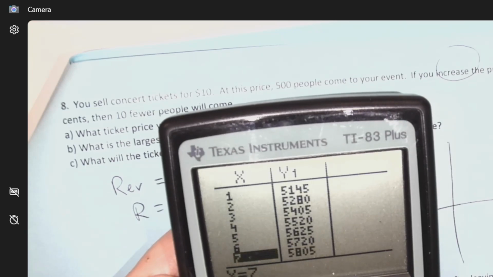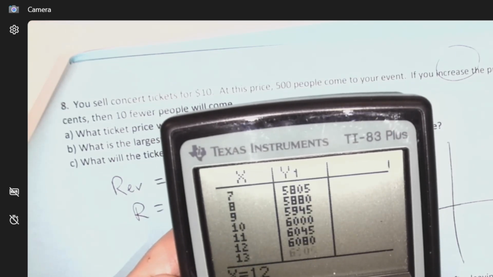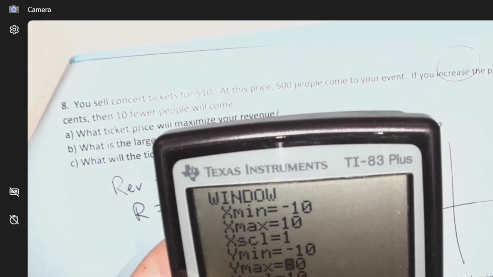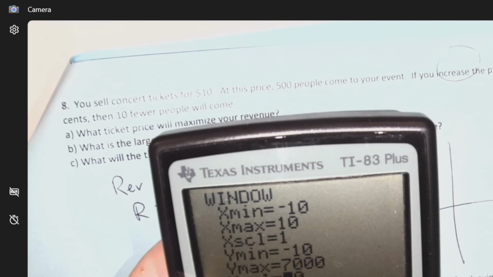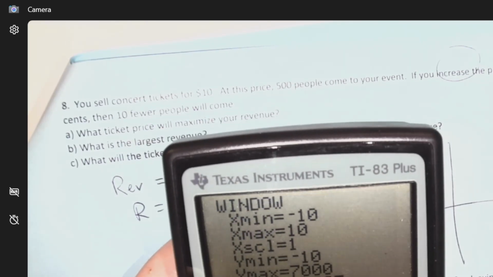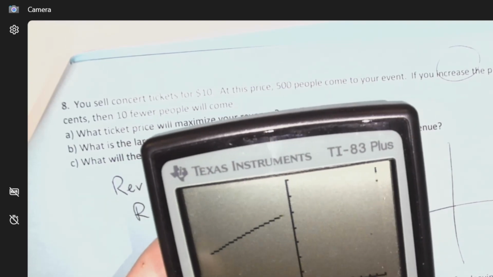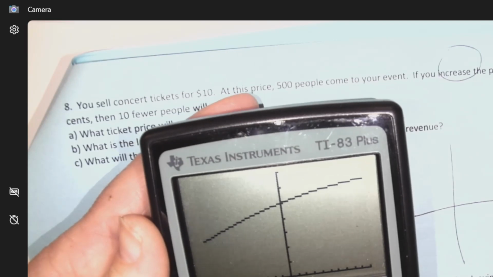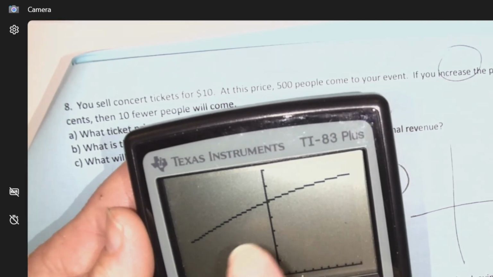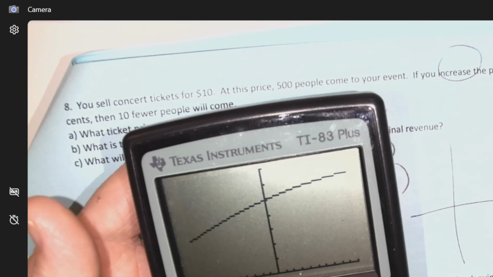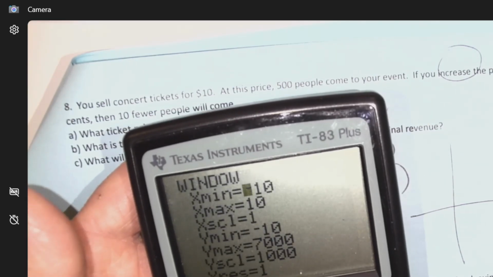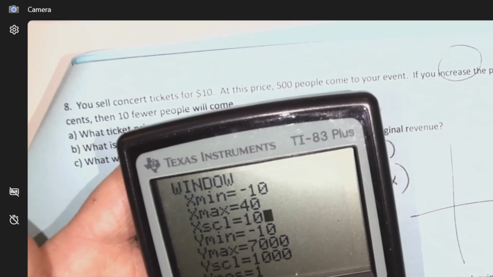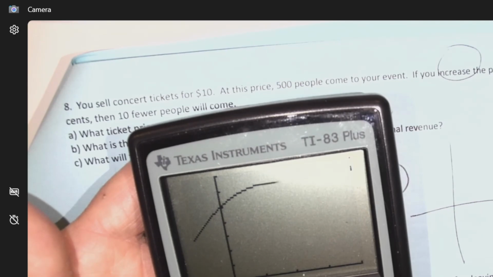Ooh, look at my numbers. 6,000s. Okay, so I'm going to go to my window. 7,000 I'm going to do. Okay, still don't see it now, but I don't see it sideways, so I'm going to go window X 40. Look at that.